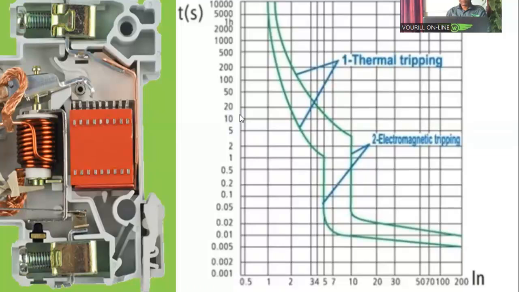Then when the environment is colder, that is the ambience is of less temperature, you see that the time that will be required for it to trip will do what? Will increase, because this element, the bimetallic strip, is colder, which means you need a lot of heat or higher amount of heat energy to cause its burning.